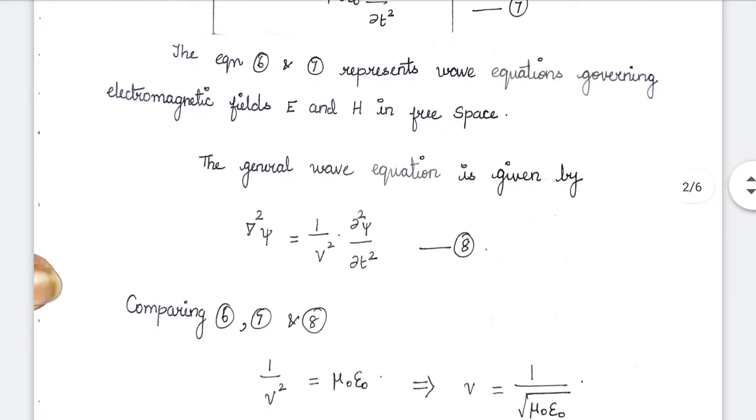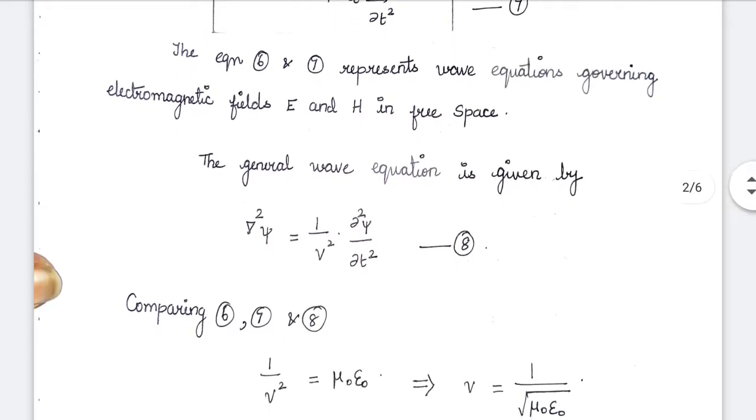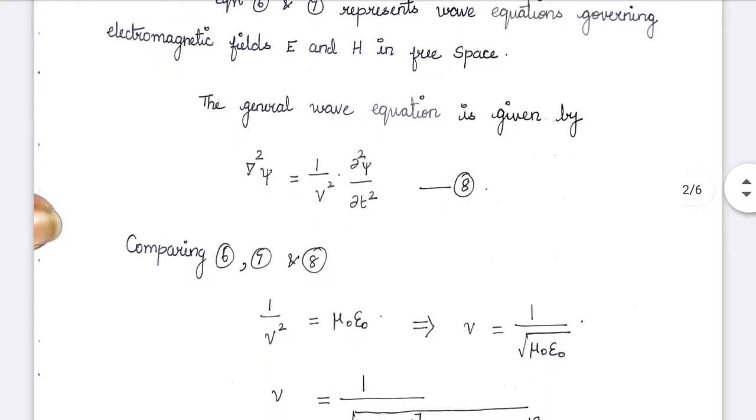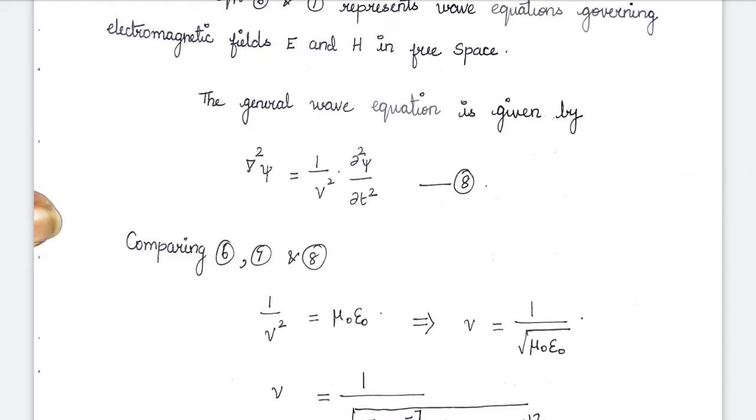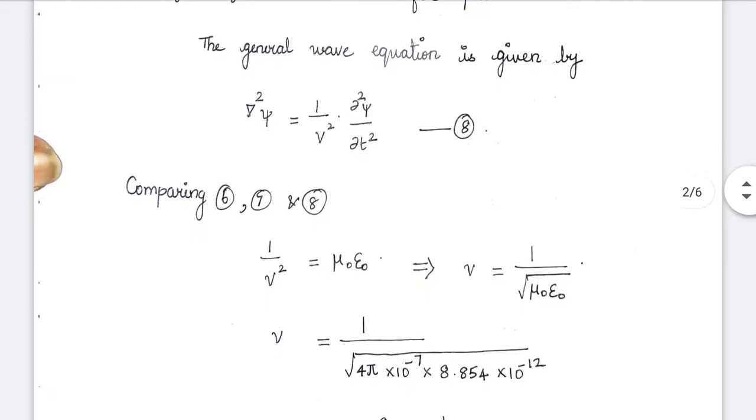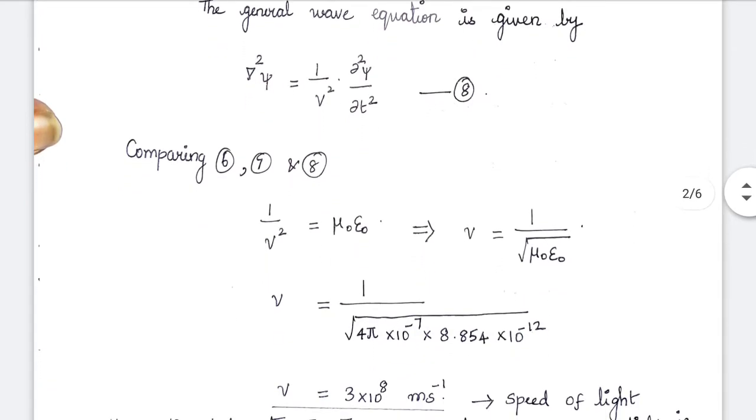So we can compare all these three equations and arrive at 1 by V square is equal to mu naught epsilon naught, or we can write V is equal to 1 by root of mu naught epsilon naught. We all know mu naught and epsilon naught are constants and they have a value in free space.